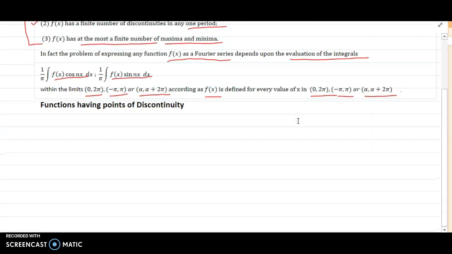Secondly, I will discuss the case when the function has a point of discontinuity in the interval.